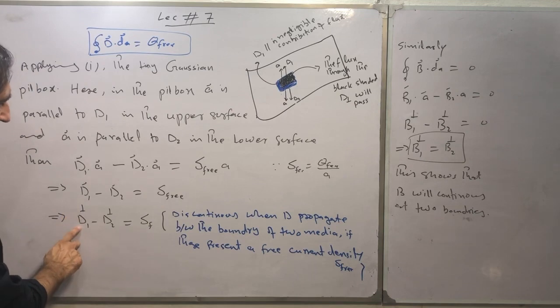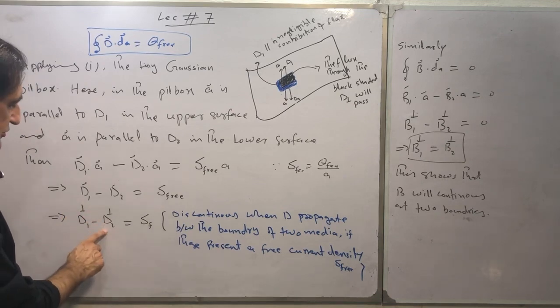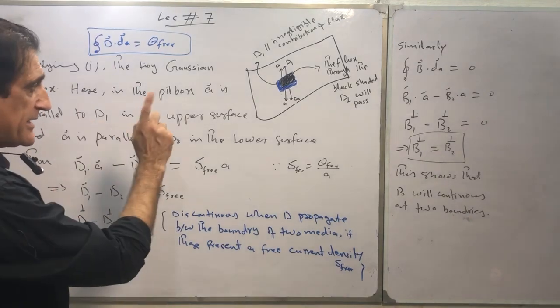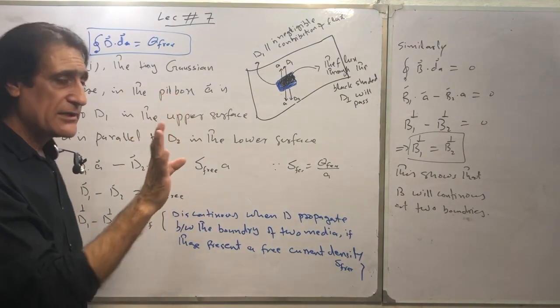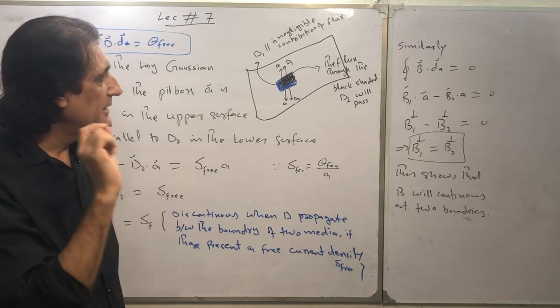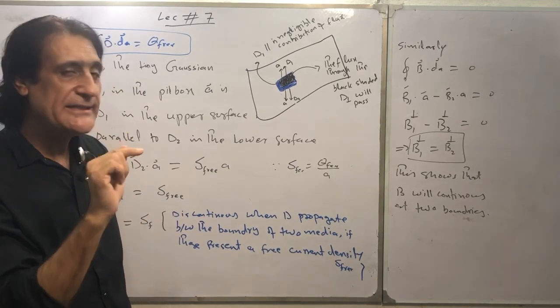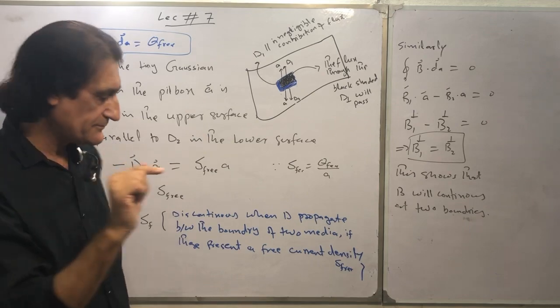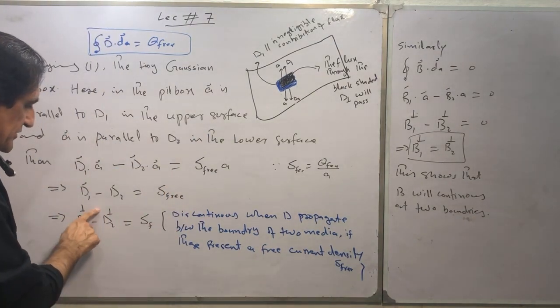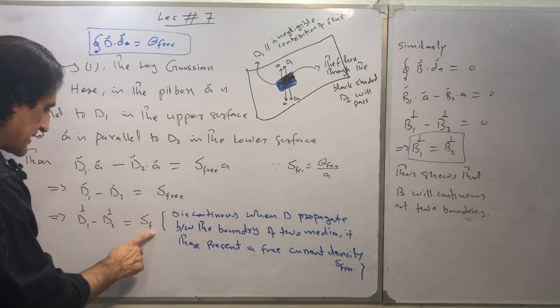Here, D1 perpendicular minus D2 perpendicular is equal to this. I am not talking about D parallel; I'm looking for the D perpendicular. D1 perpendicular minus D2 perpendicular is equal to sigma free.